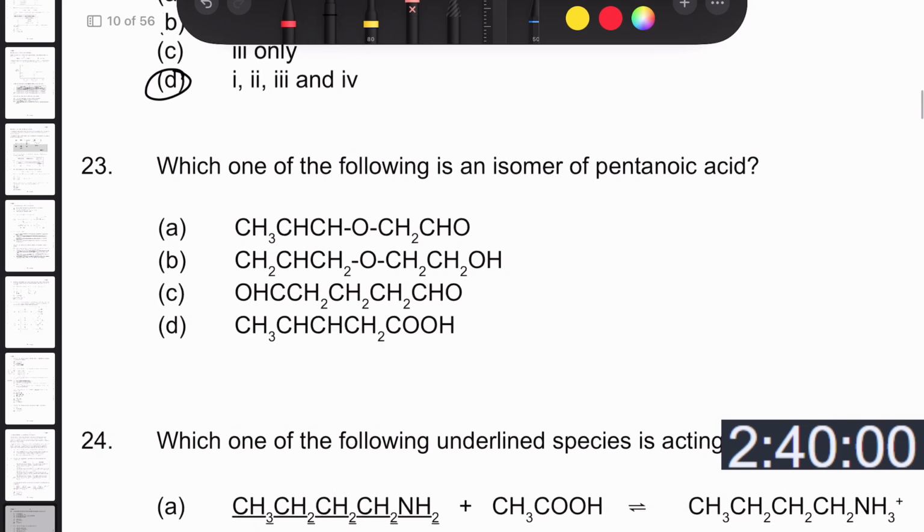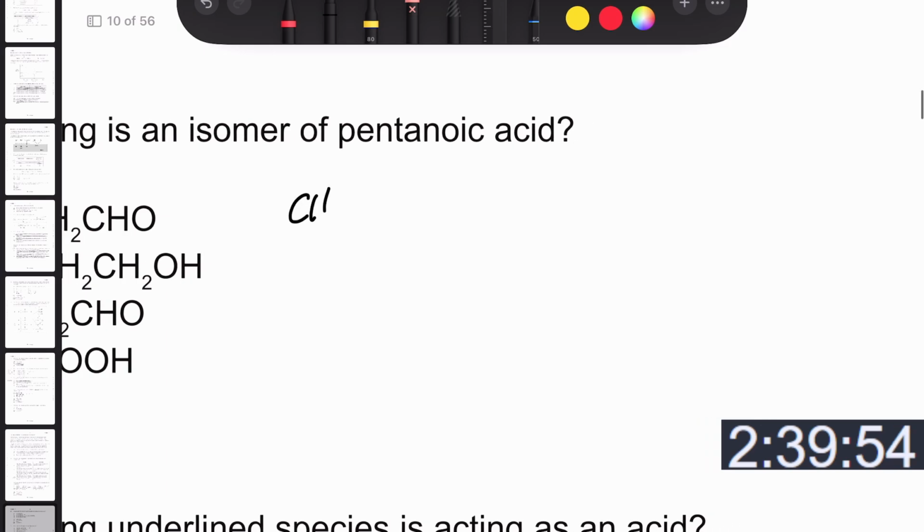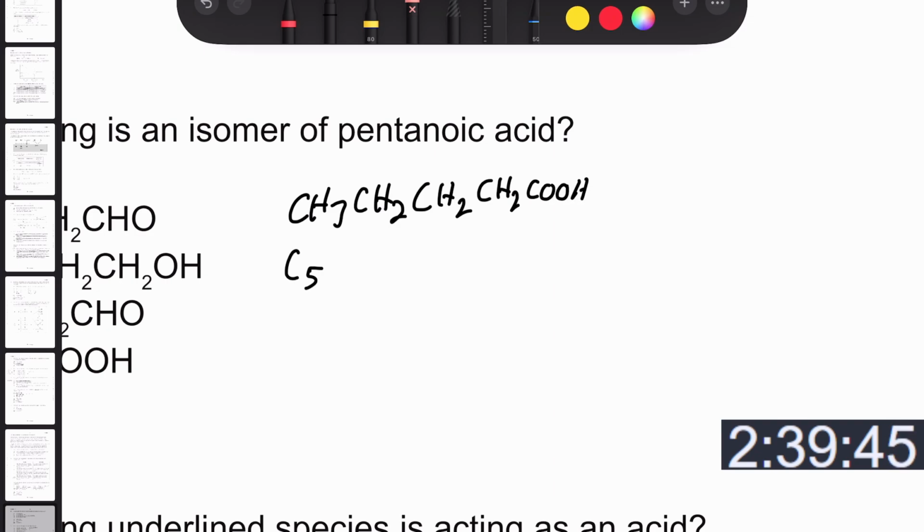Okay, which of the following is an isomer of pentanoic acid? So pentanoic acid is CH3, CH2, CH2, CH2COOH. So C5H10O2.